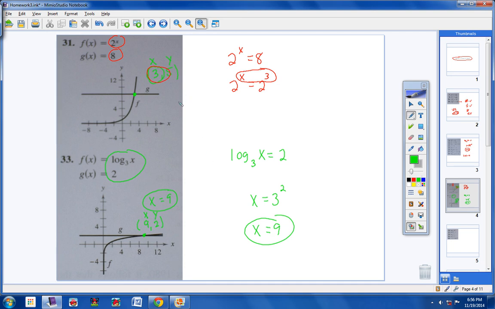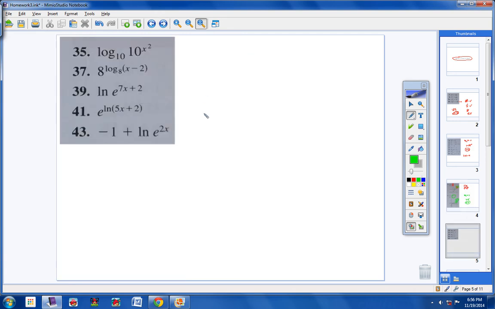Here we go. Number 35. Okay, let's solve these very quickly. Or I think the directions say to solve or simplify. But here we go. This one's pretty easy here. Whenever the base matches the base, then your answer is the exponent. So the answer would be x squared.